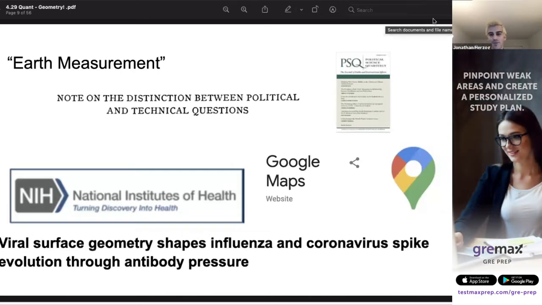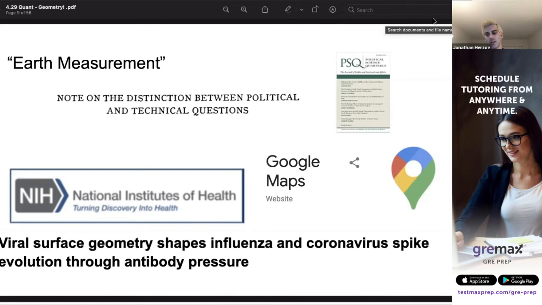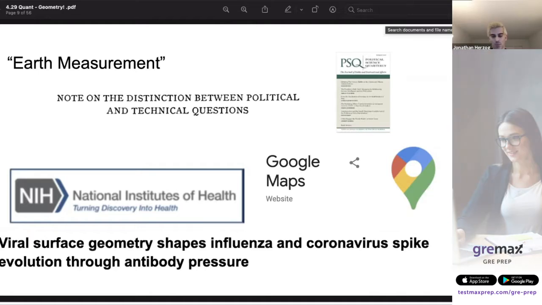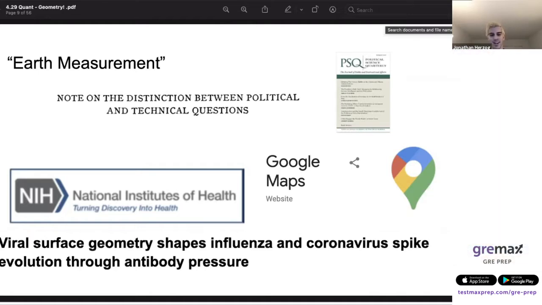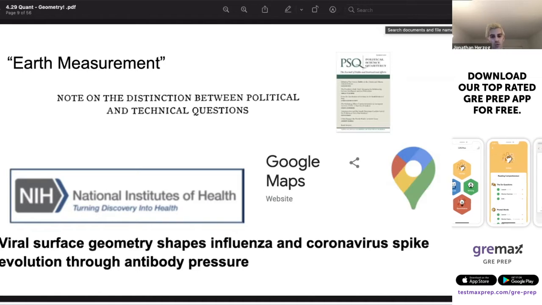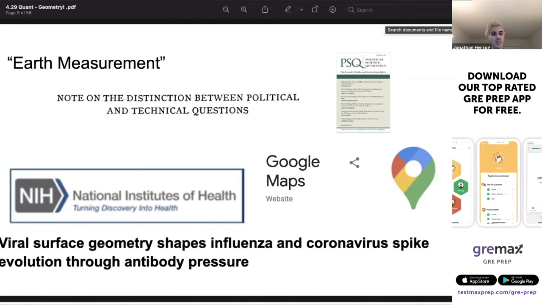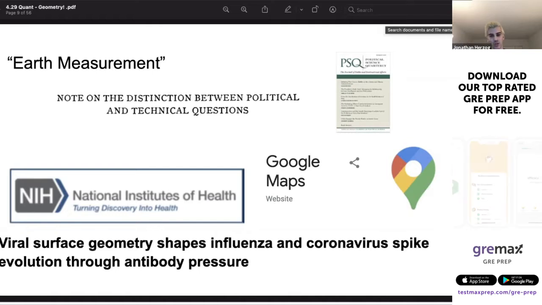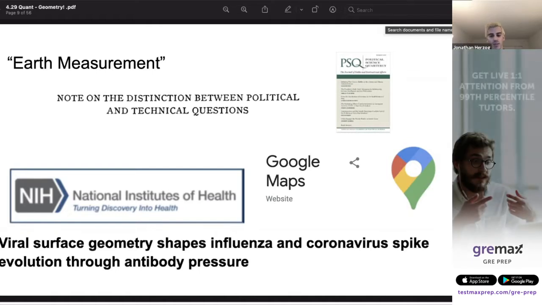Just looking at a very tiny subset of examples that are readily available at our fingertips in the everyday: how we get around, on Google Maps or Waze, or how we follow the automated navigation apps that tell us where to go, and how we analyze the viral surface geometry to affect the coronavirus spike evolution.